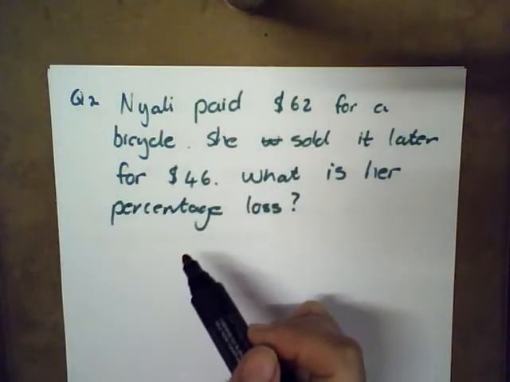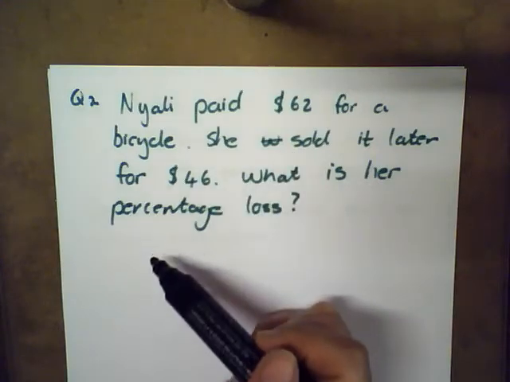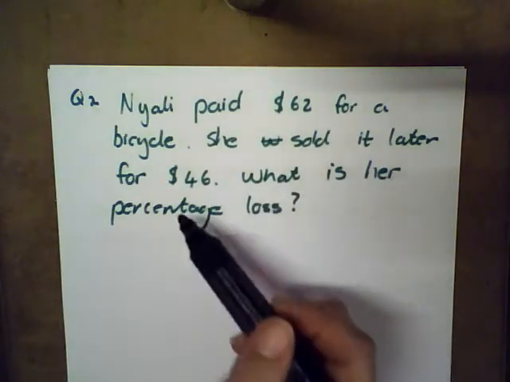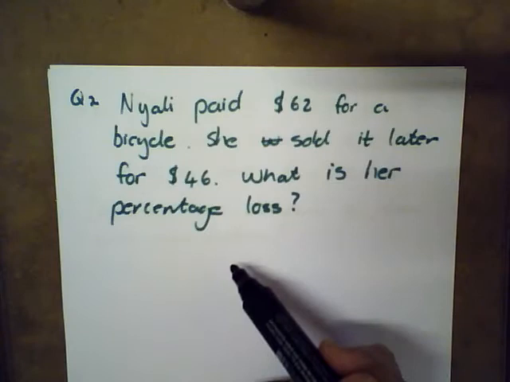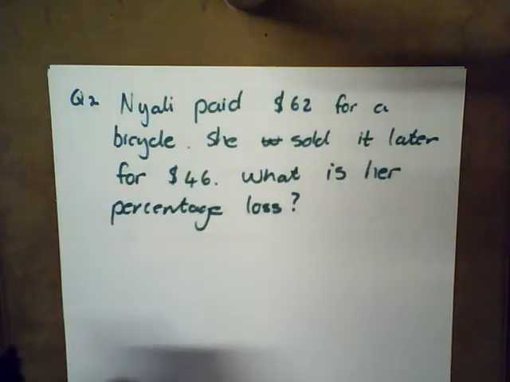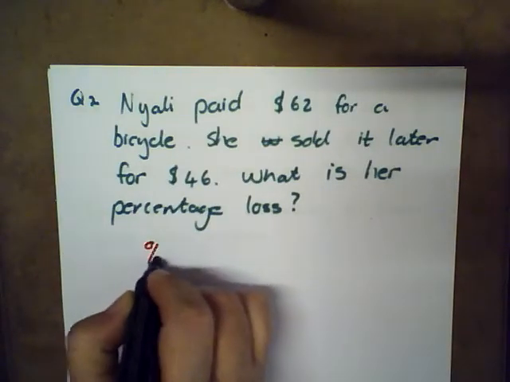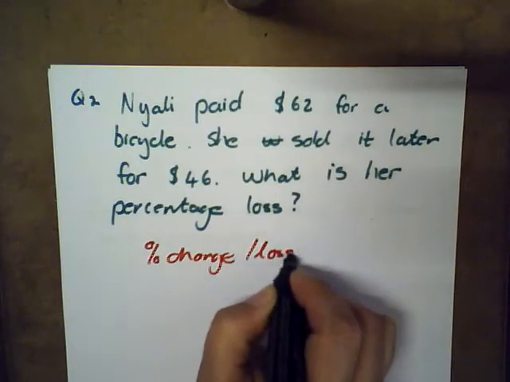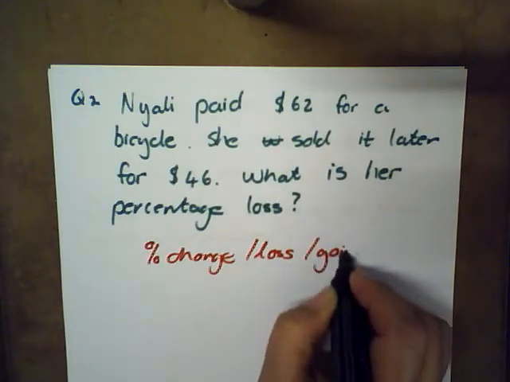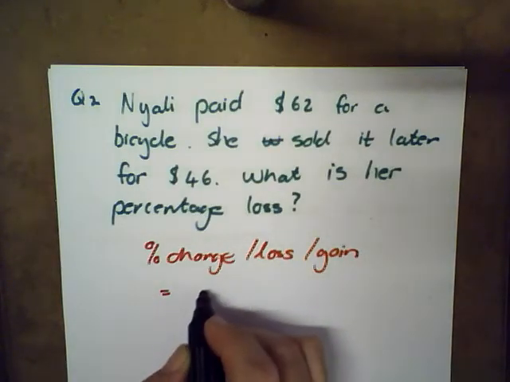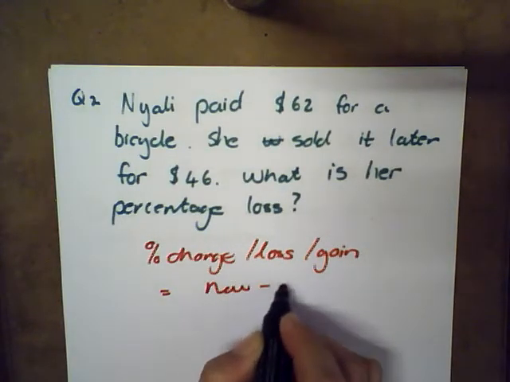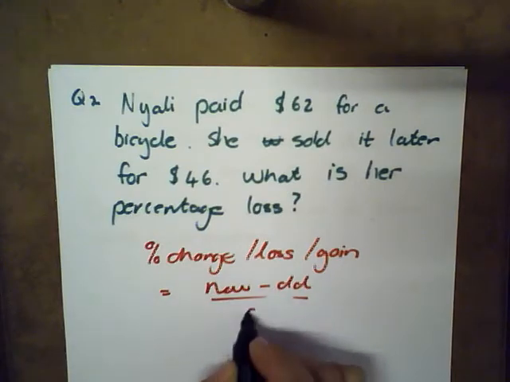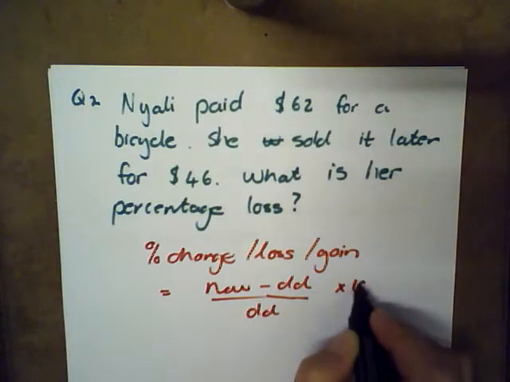Now, Nelly paid $62 for a bicycle. She later sold the bicycle for $46. What was her percentage loss? So I know that percentage change or loss or gain, they're all the same, would be equal to the new minus my old over the old times 100.